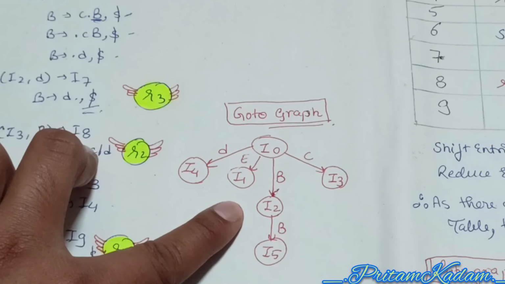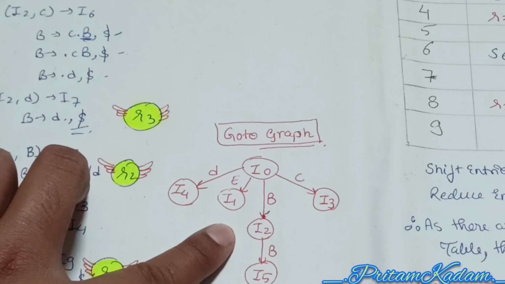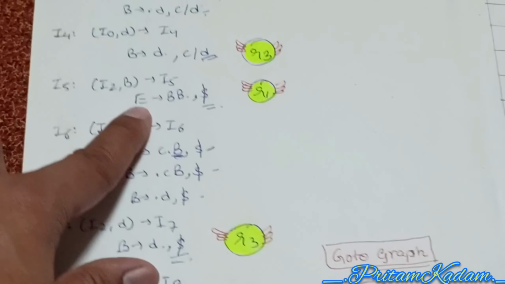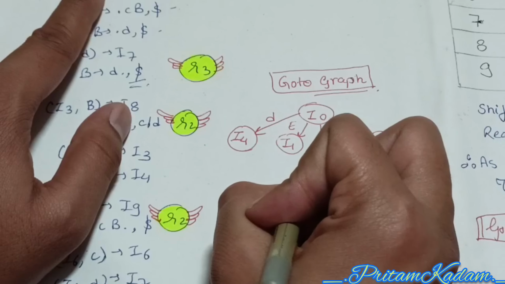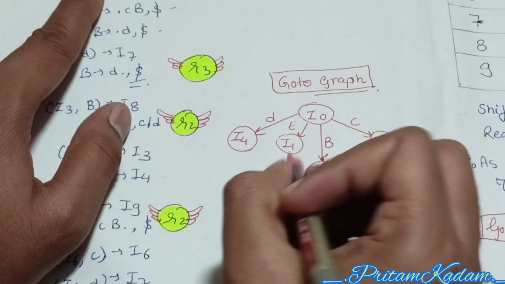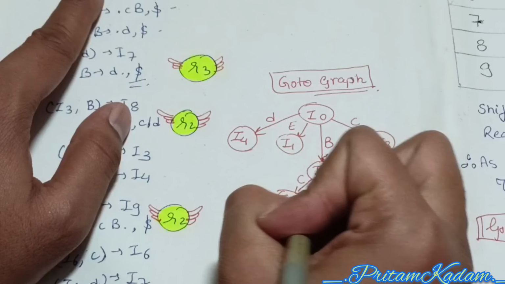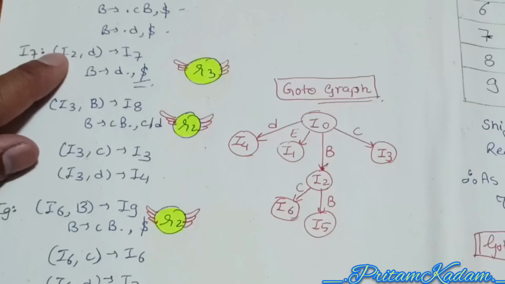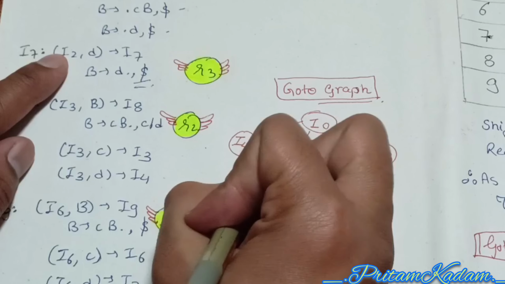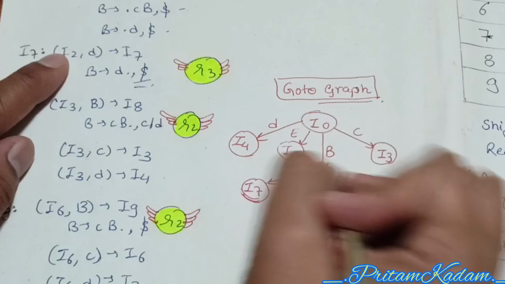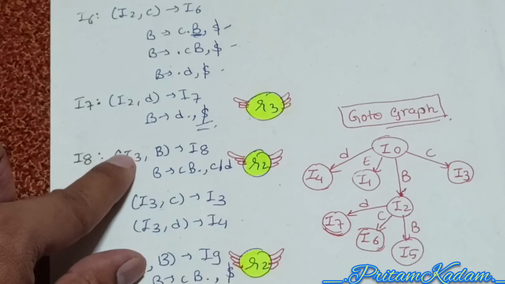So we got I6 by passing C. Transition label is small c, destination is I6 and source state I2. Now on small d it went to I7, so destination is I7 and transition label is small d.